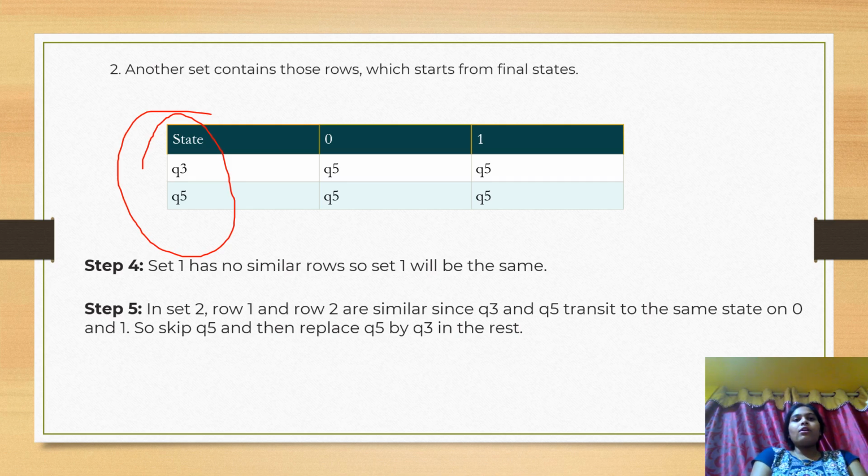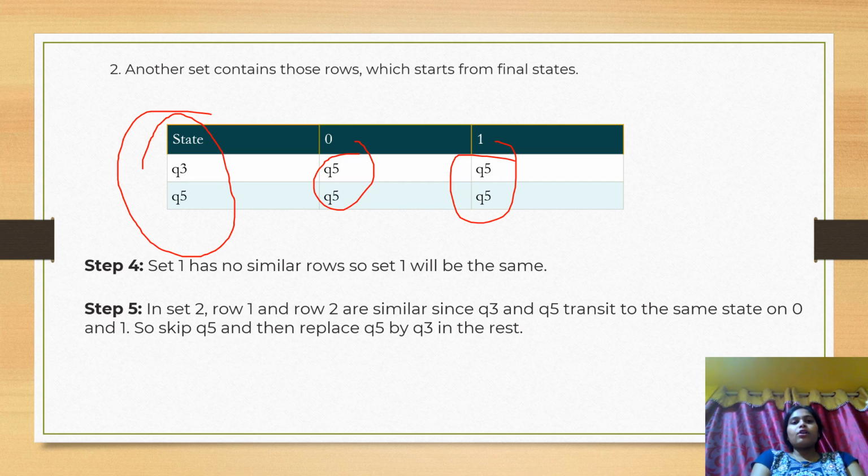Next, in step 4, set 1 has no similar rows, so set 1 will remain the same. In the previous table there were no similar values, that's why it remains as it is. In set 2, as we can see, there are similar values. So in step 5, in set 2, row 1 and row 2 are similar since Q3 and Q5 transit to the same state on 0 and 1.